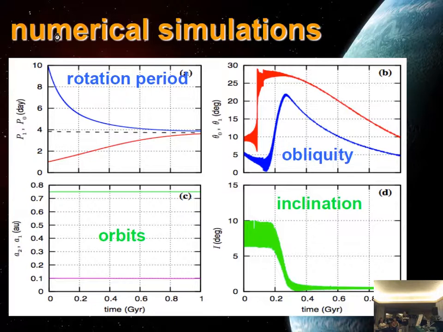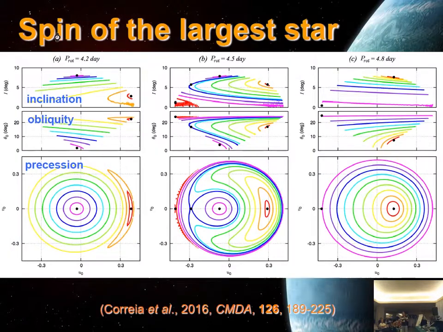So we have an obliquity. The system is coupled: the obliquities are coupled with the orbits. That's what we are going to see. We see the two kinds of obliquity behaviors. In this case, the rotation was increasing, and in this case, the rotation was decreasing. And we see some jumps here. So let's put the simulations in another frame, and the frame that I'm going to choose is the rotating frame of the plane of the star.